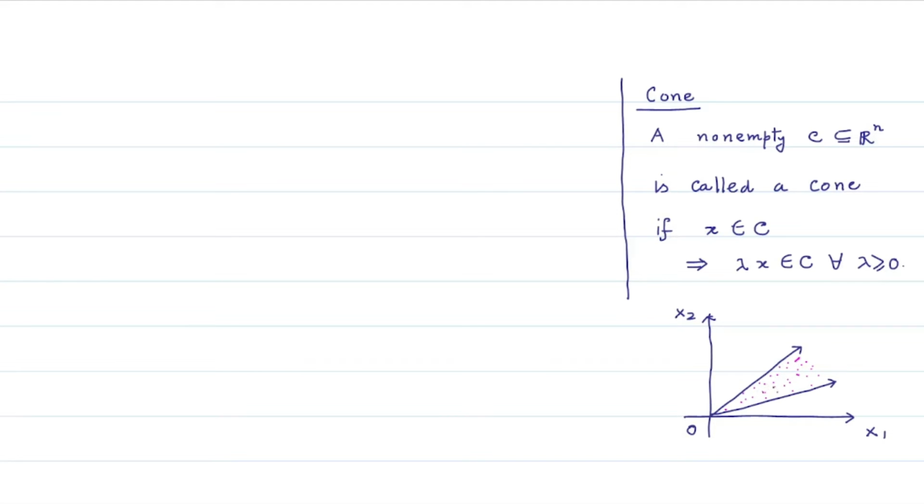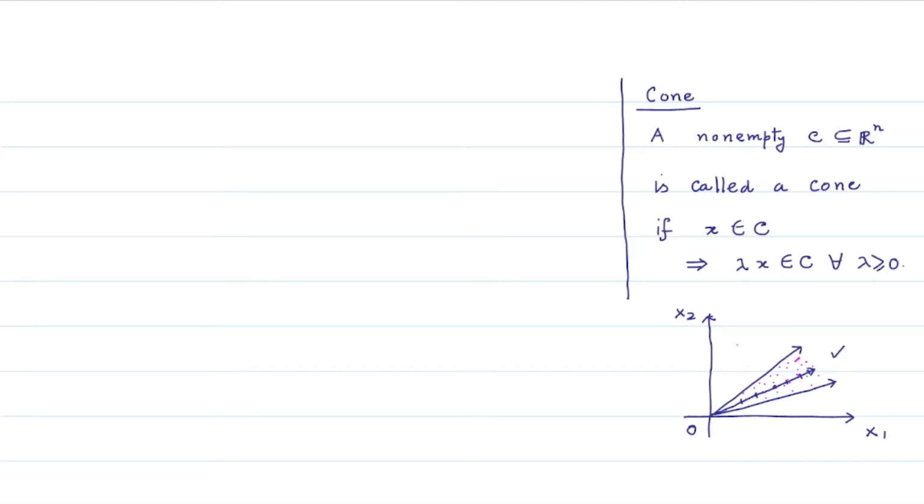Because you consider any point inside this set, then you consider any non-negative multiplication of this point, which will give us a vector of this type. Whatsoever lambda greater than 0 you choose, all these lambda x's are inside the set, and therefore this region is a cone.